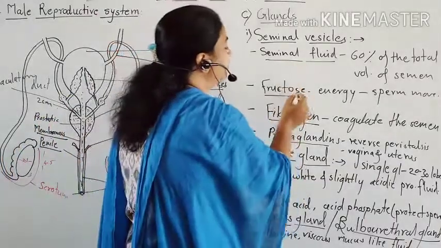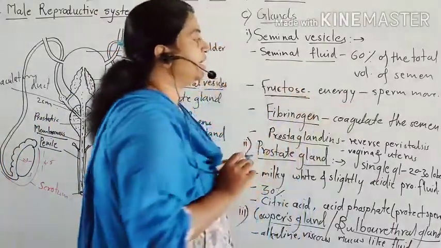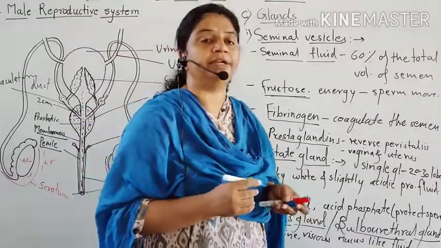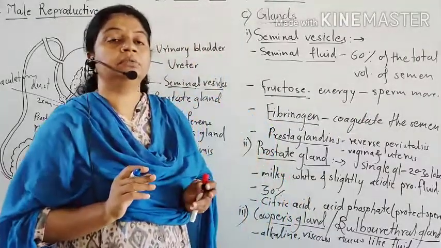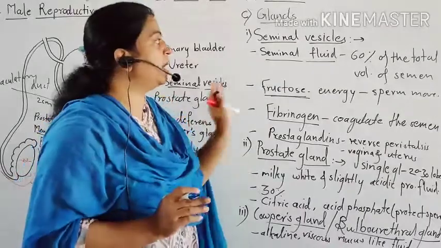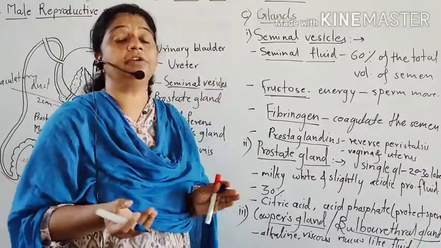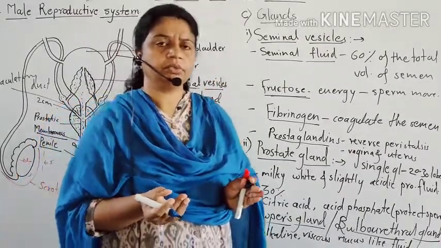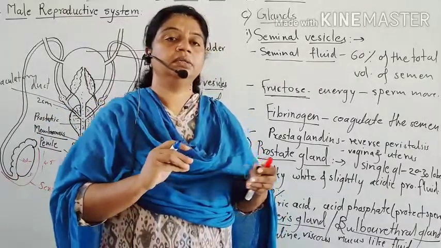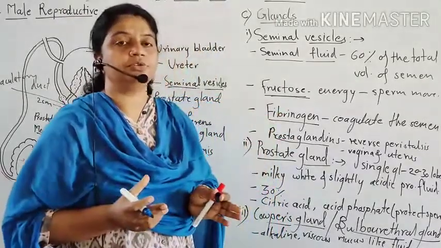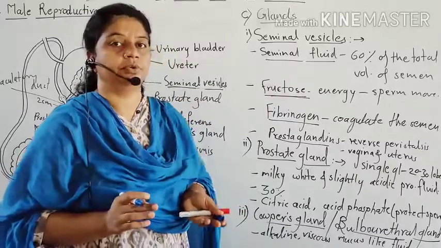This seminal fluid has the fructose which gives nourishment for sperm movement. In the human body, only the seminal vesicle secretes fructose sugar. No other part of the body secretes fructose sugar.